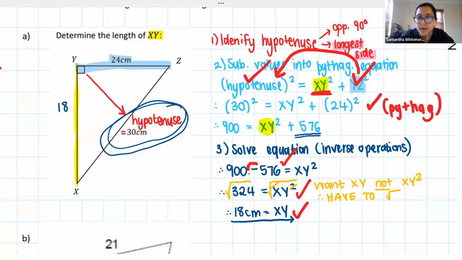And so that's why it becomes minus. It is not plus. It is only plus if we are trying to find the hypotenuse. But in this case, I had given you the hypotenuse. You already had that information. So you only add if you are looking for the hypotenuse. Thank you, ma'am. Good. Okay, last question, witness.